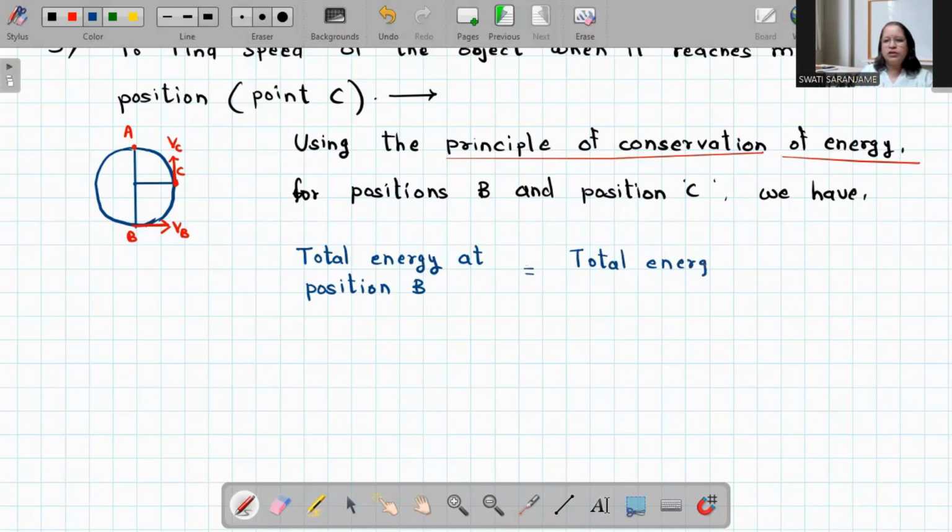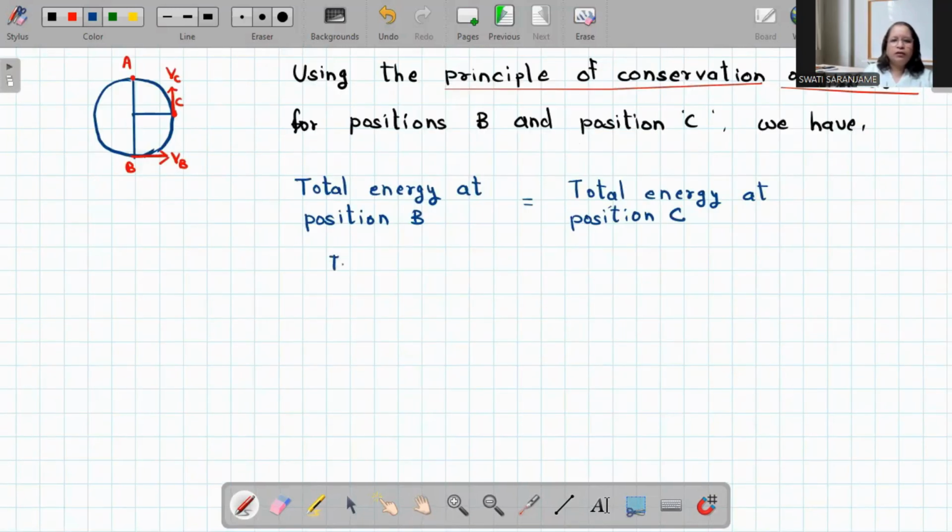In short form, it is TE at B, which is equal to TE at C. B and C we are considering.